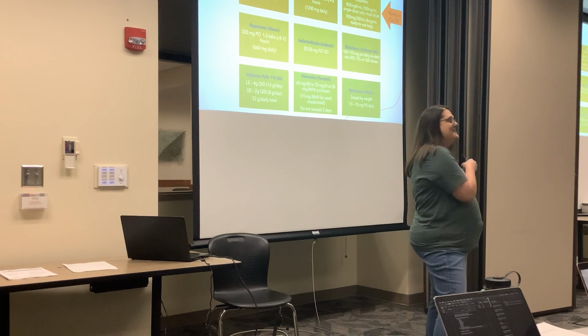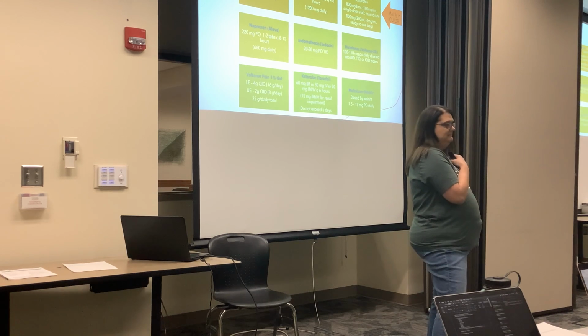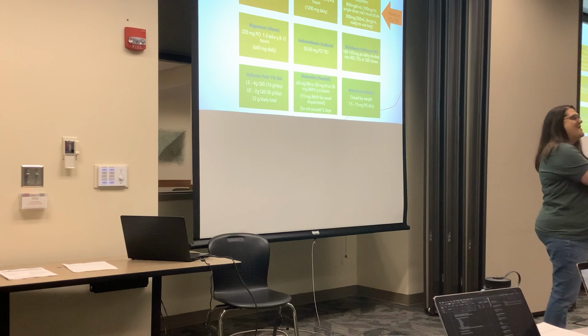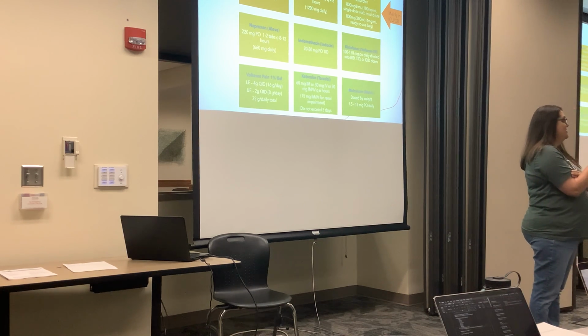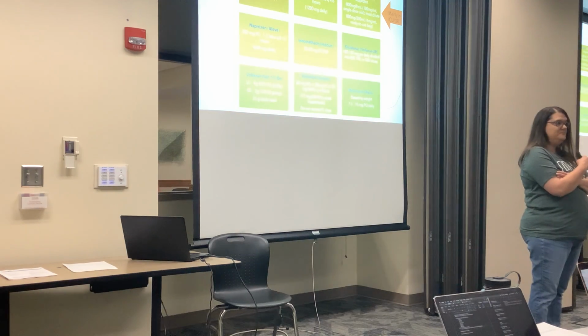If I would take 800 milligrams of ibuprofen for 2 to 4 weeks, I'm probably okay, especially if you're younger. If you already have renal insufficiency or kidney damage, then I would want to be more careful with that.